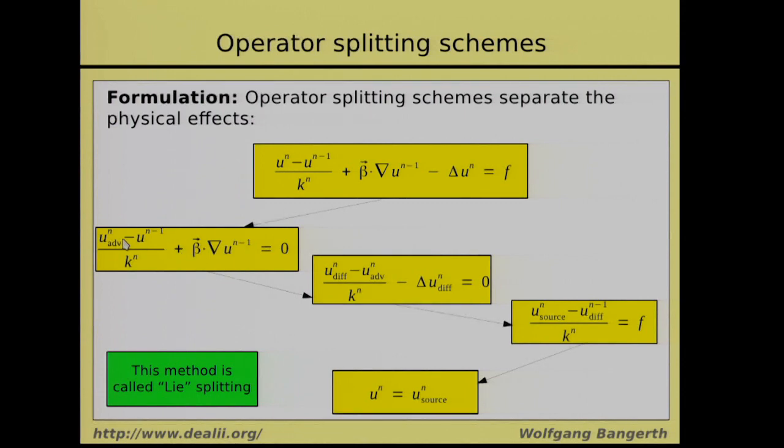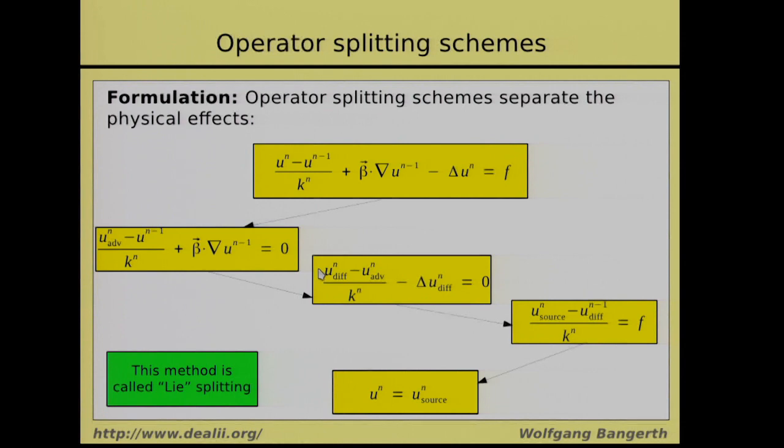And what comes out of it is u_n advection. And then instead of concurrently solving u_n diff, I'm going to use the solution that comes out of this. So this u_n advection, I'm going to use as the starting point for a diffusion step, also of length k_n. Okay, and now I can really treat this completely implicitly again.